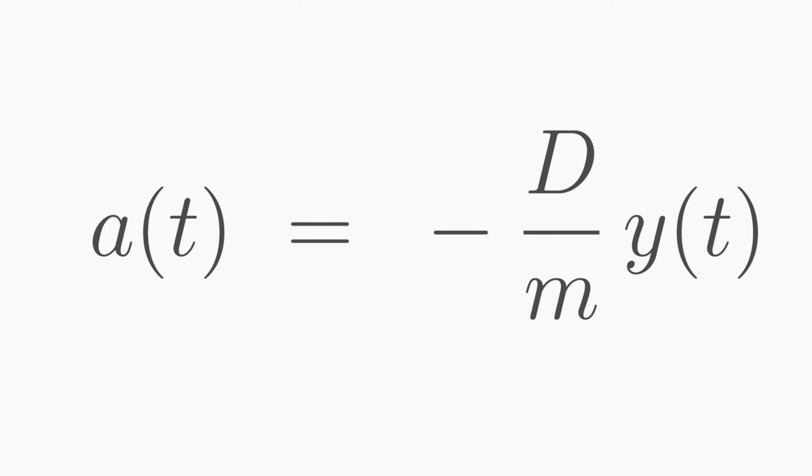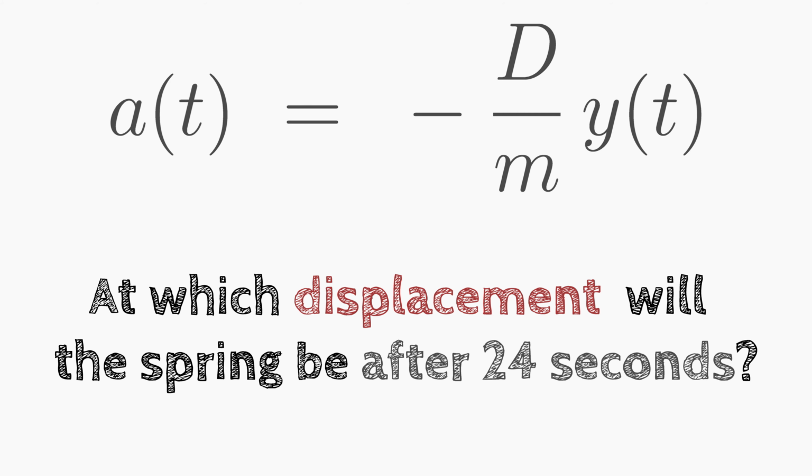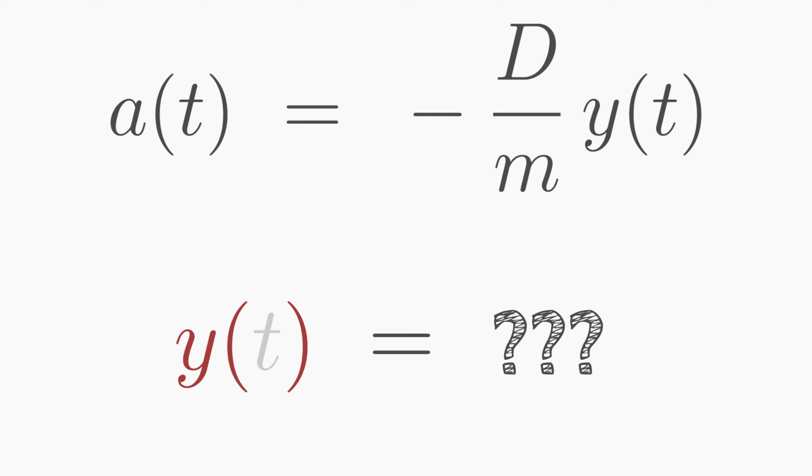But what if we are interested in the question, at which displacement y will the spring be after 24 seconds? To be able to answer such a future question, we must know how exactly y depends on the time t. We only know that y does depend on time, but not how.